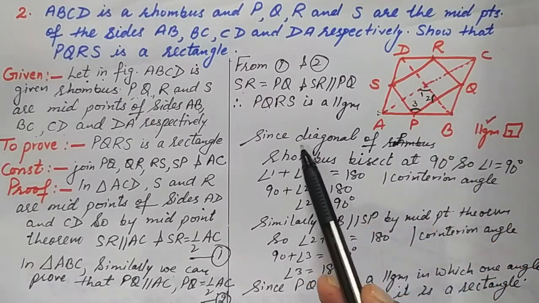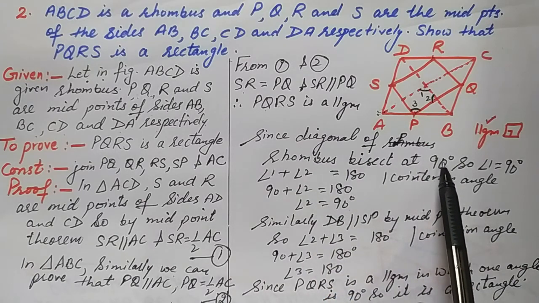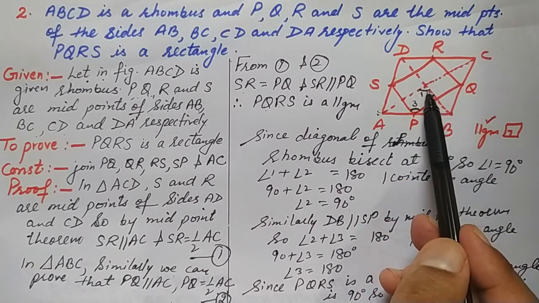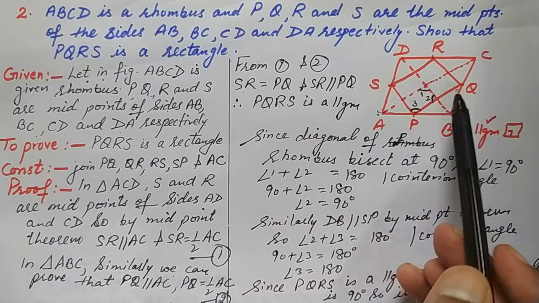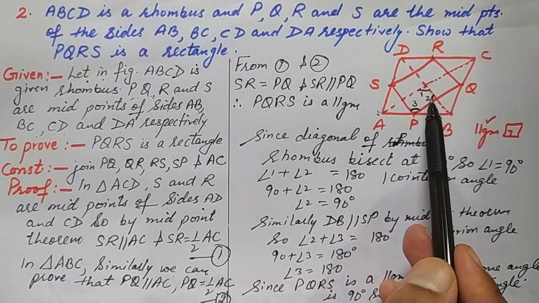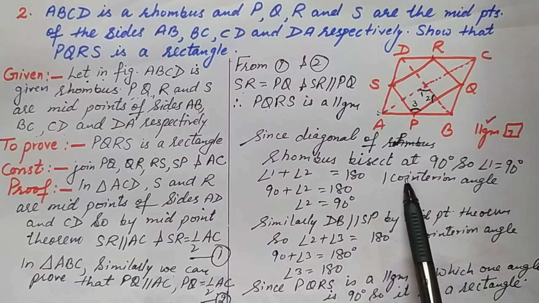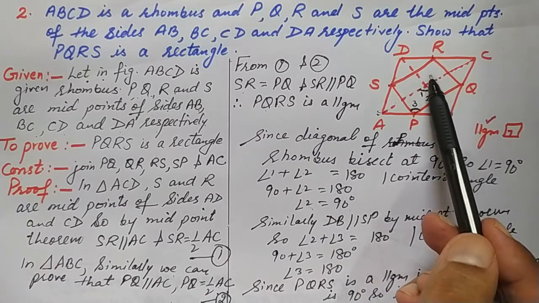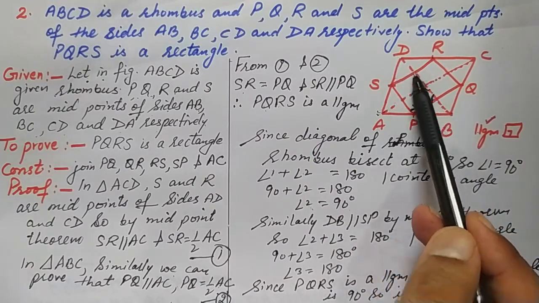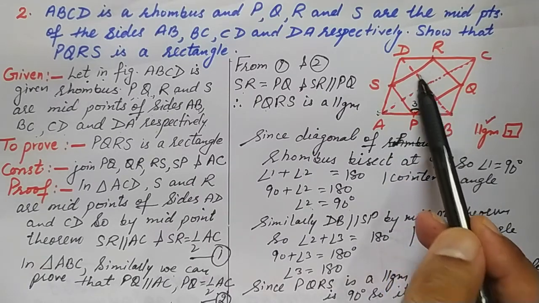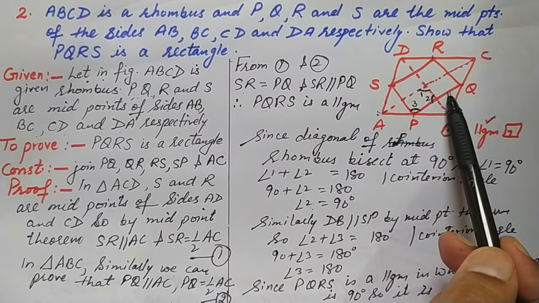You know diagonals of a rhombus bisect at 90 degrees, so angle 1 is 90 degrees. Now AC is parallel to PQ and BD is the transversal, so angle 1 plus angle 2 is 180 degrees, because these are co-interior angles. Angle 1 is already 90, so angle 2 is also 90 degrees. Now BD and SP are also parallel by the midpoint theorem in triangle ABD, and PQ is the transversal.